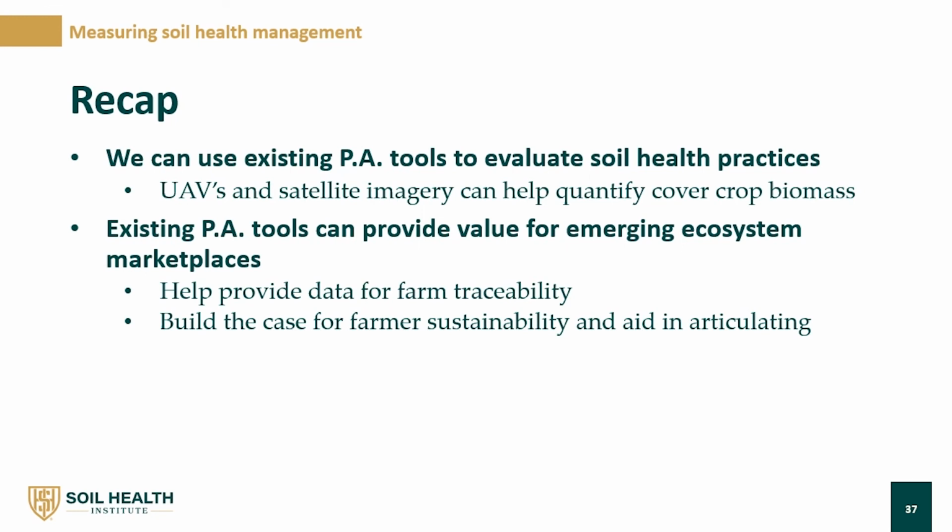The key thing with that is that many of those tools can really provide direct value when thinking about making traceability arguments for ecosystem marketplaces. So data on machine operations or cover crop planting can help you and your clients build out a portfolio that helps them engage with those emerging ecosystem service marketplaces.